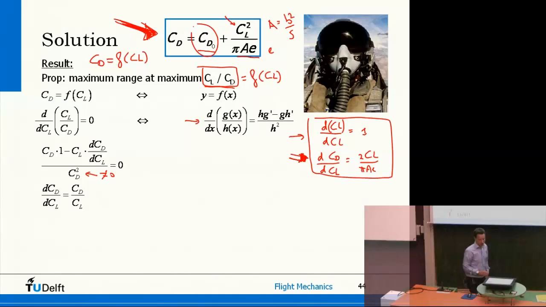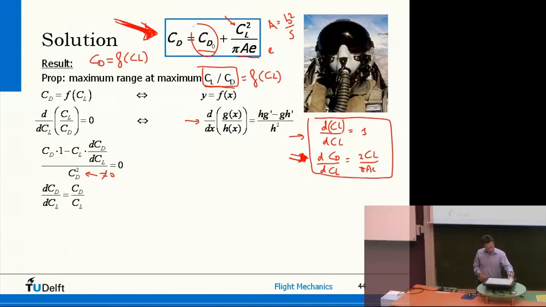I get 2CL over pi AE, then the lift drag polar divided by CL. So if I solve that, this in here is just a bunch of constants, and it's CL in there, so you can solve that.